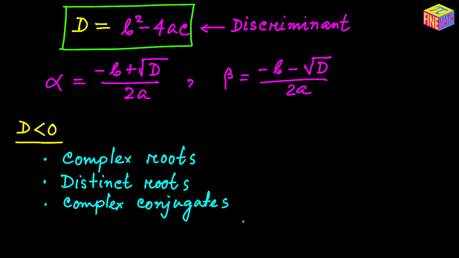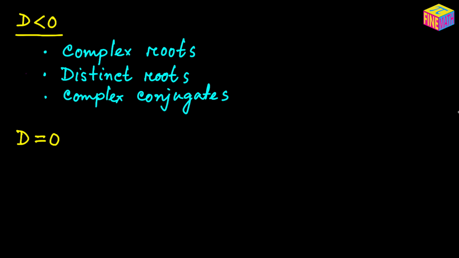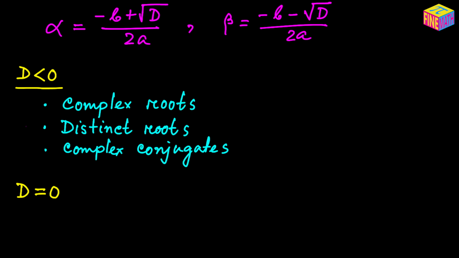Now let's talk about the second scenario where D is equal to 0. In this case, as you can see from the values of the roots, if D is 0, the square root portion disappears. That means they will be left with negative b divided by 2a.